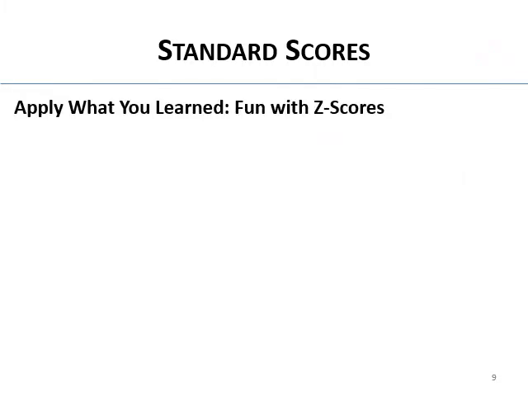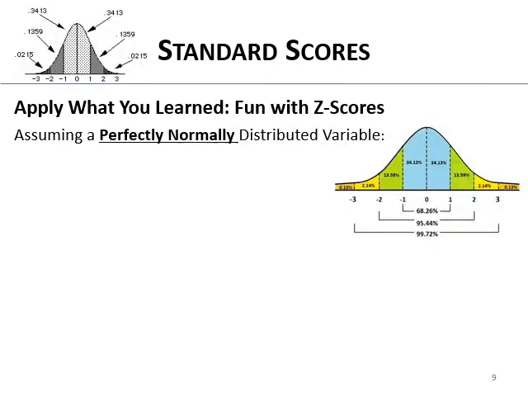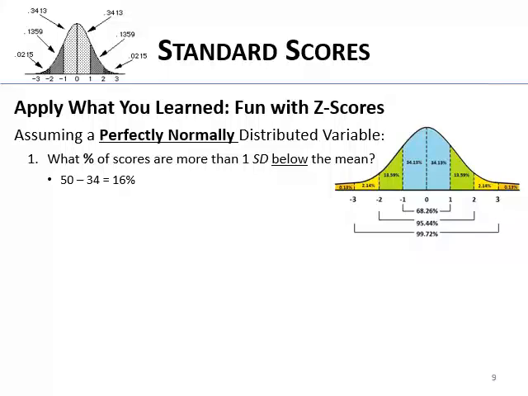Finally, let's try some of these before I set you loose to go do them on the homework. So assume that you have a perfectly normally distributed variable. What percent of scores are more than one standard deviation below the mean? And so you have to be careful about, like, there's underlying words here. I'm trying to make a point. So below the mean, more than one standard deviation below the mean. So you want to know what percent of scores are below -1, right?